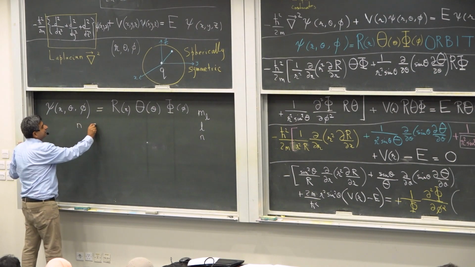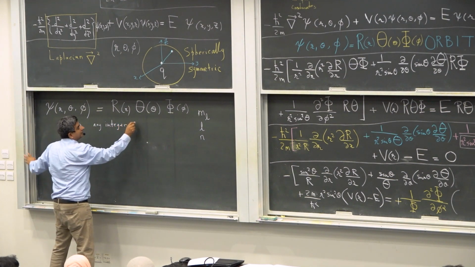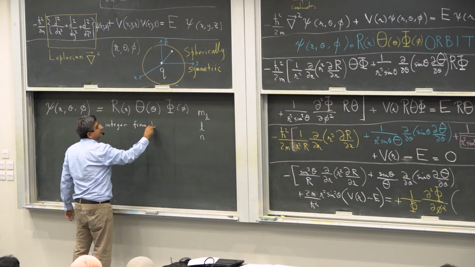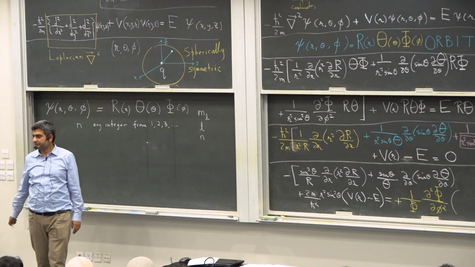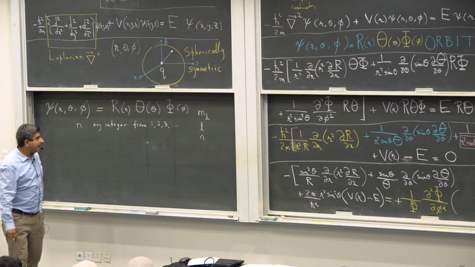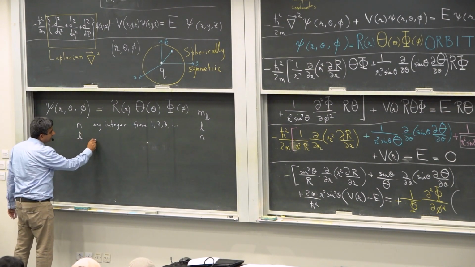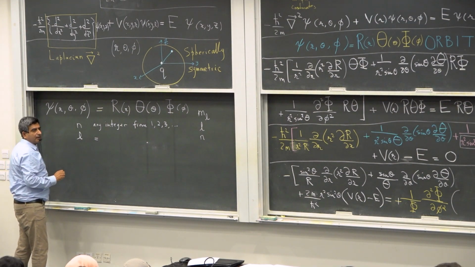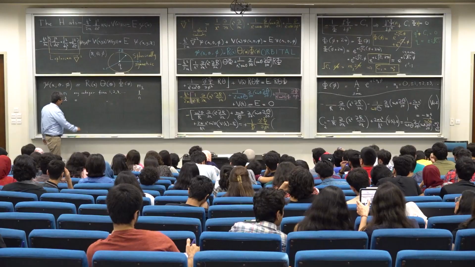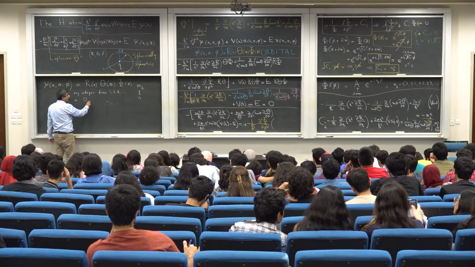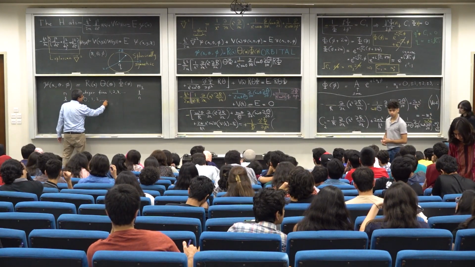N could be any integer or any whole number from 1, 2, 3 all the way up to infinity perhaps. L is also an integer that starts from 0 and goes up to n minus 1.